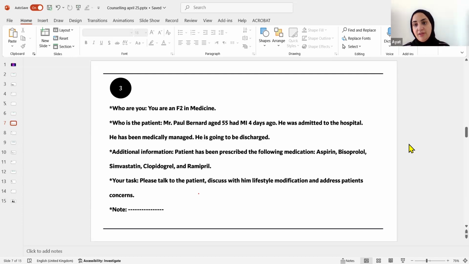Are you aware of any of these medications? One of your colleagues told me about the medications that I'm going home with. Aspirin, bisoprolol, simvastatin, and some other medications. Do you understand how to take these medications? They explained to me, yes.